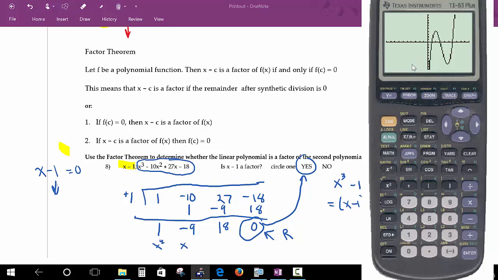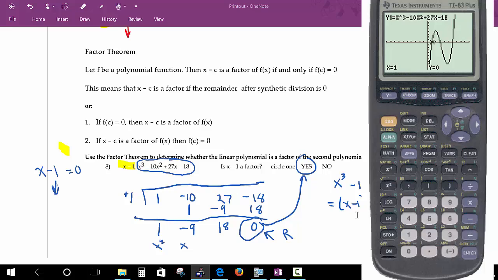Okay? What's happening when x is equal to 1 on my graphing calculator? What kind of point is that? It's an x-intercept. Okay? So that is a 0. And if you did a trace on this, if you trace at 1, that is the y value, that's the 0. That is actually the remainder. Okay? So that means that that is going to be a factor. It also means that x equals 1 is a 0 of that polynomial.